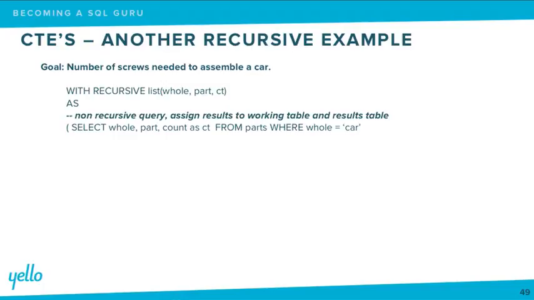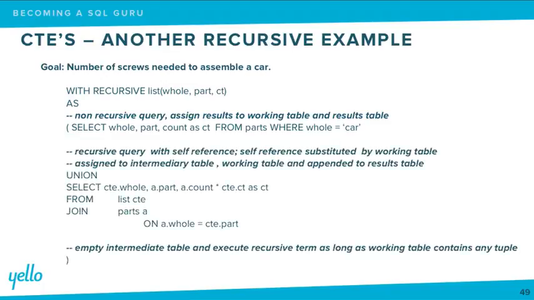So we start out with our non-recursive term. We pull in the whole, the part, and the count from our original parts table, and I'm filtering to where the whole is the car. Okay? We then take that and we put it into our working table and into our final result set. Then we're unioning our recursive term and our self-reference.